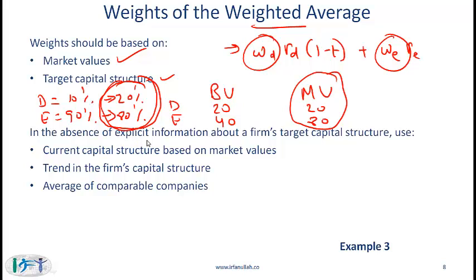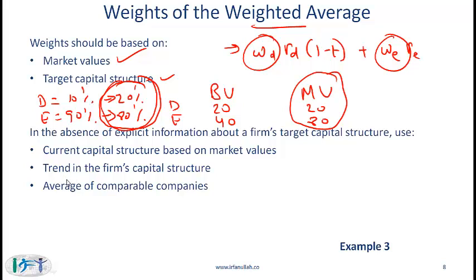Practically speaking, there will be situations where you as an analyst do not know the target capital structure. So what do you do? The simplest thing is to use the current capital structure, assuming that the current capital structure represents the target capital structure. Another strategy is to look at the trend.